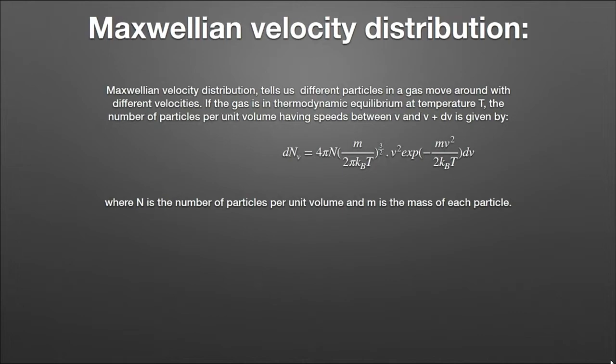If we take a gas at temperature T, the number of particles per unit volume with speeds between v and v plus dv is given by this formula: 4 pi n times m upon 2 pi kBT raised to power 3 by 2, v square, exponential of minus mv square by 2kBT dv, where kB is the Boltzmann constant, n is the number of particles per unit volume, and m is the mass of each particle. Next.